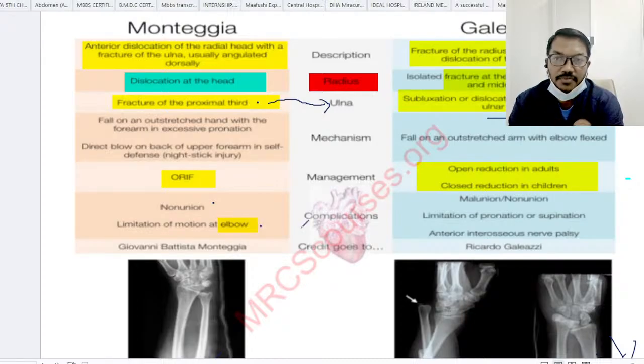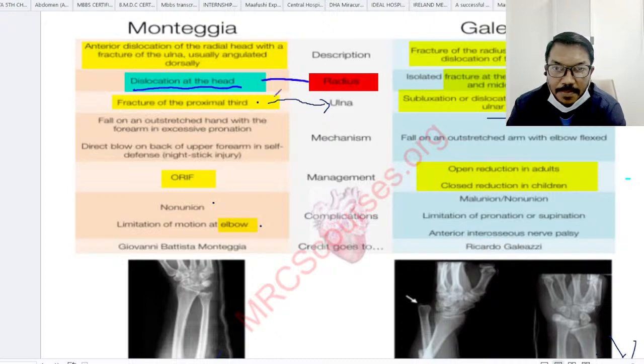So in Monteggia fracture, there will be dislocation at the radial head and ulna fracture in the proximal third.